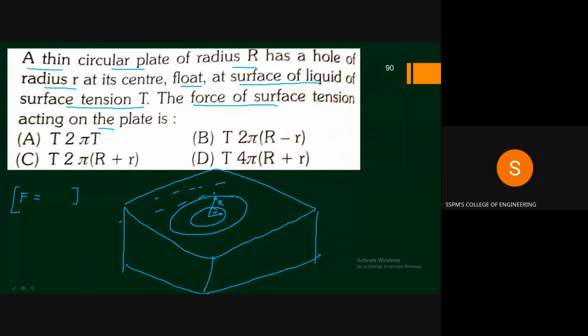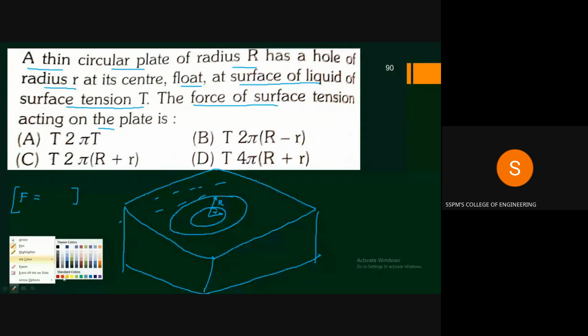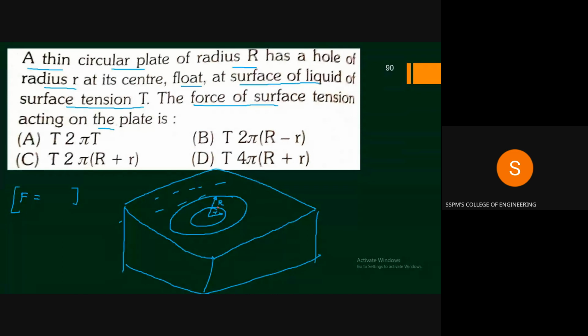It will be subjected to the surface tension. If you refer to this plate, it has two contact layers: one is the inner layer and the second is the outer layer.